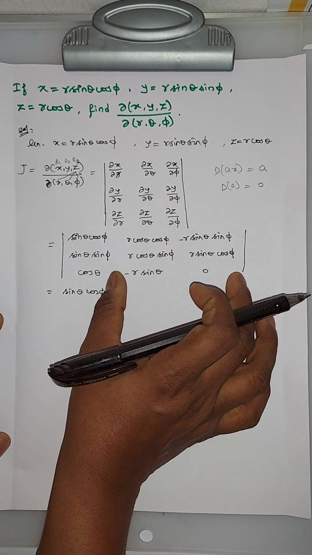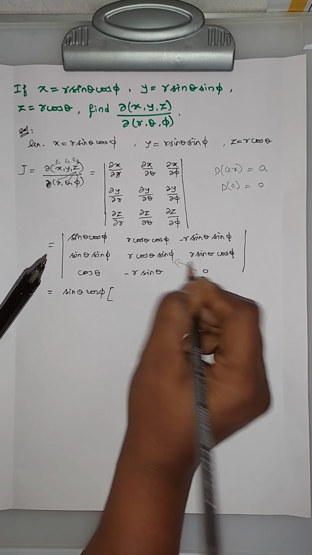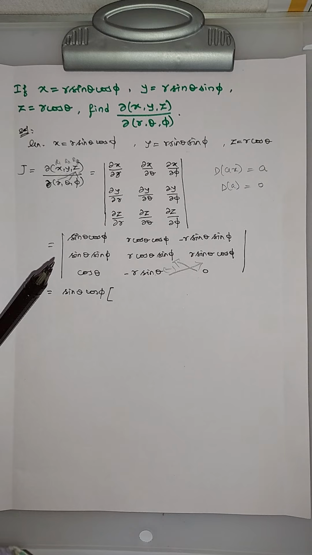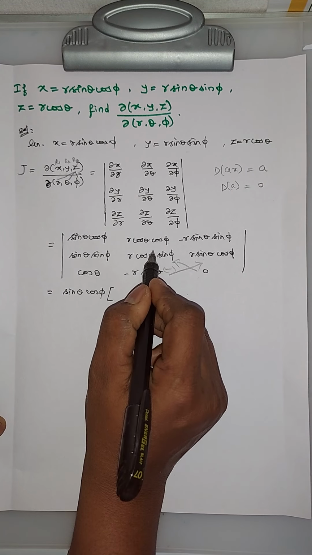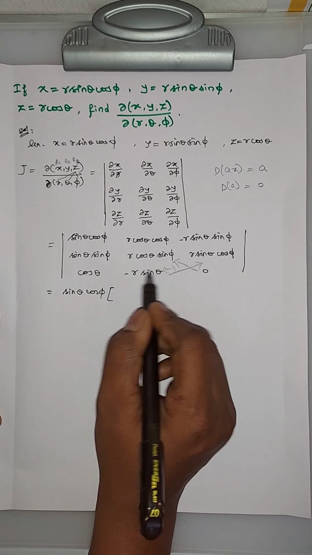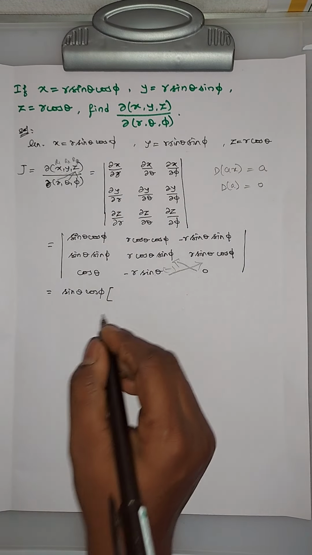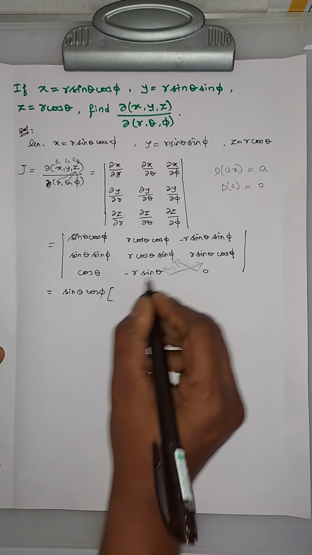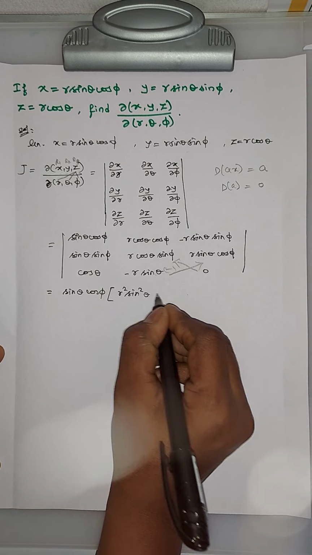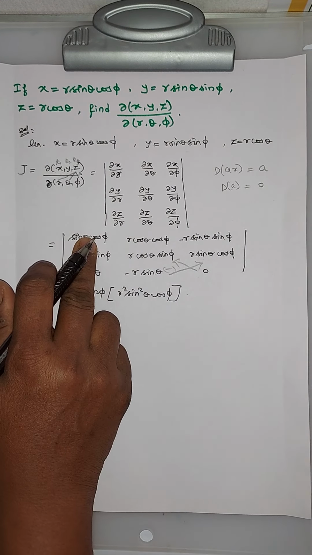So this is nothing but product of this into this minus of this into this. So first term, it is a 0 minus of this. Already we have a minus here. So minus into minus, it becomes plus. So it is r square sine square theta cos phi. So this first element is over.